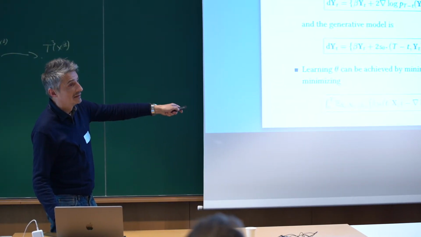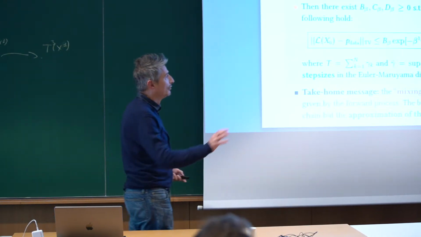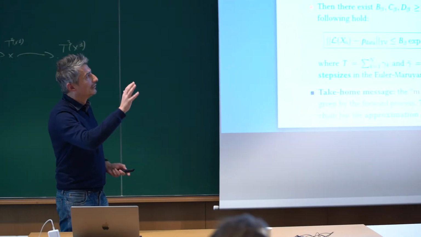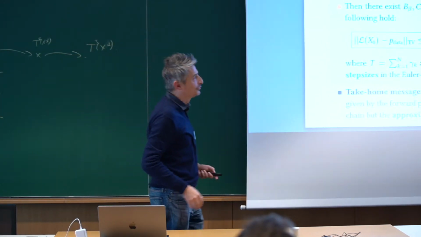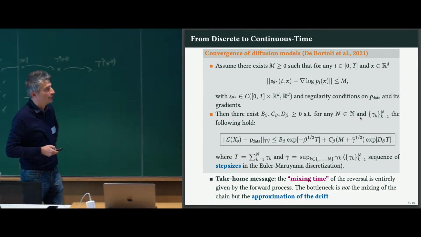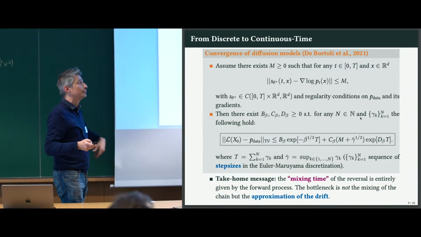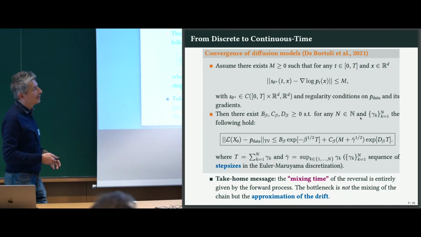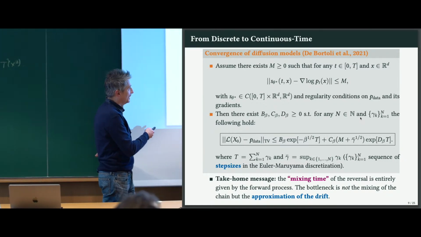Okay, so there are convergence results. I'm not even going to talk about it. We have Valentin, the specialist, in our room. In the paper, Valentin is the first one, I should advertise it well, who proved a theoretical result on this class of model, obtaining a bound on the total variation between the true distribution of the data and the law of this approximate time reverse discretized diffusion, okay?